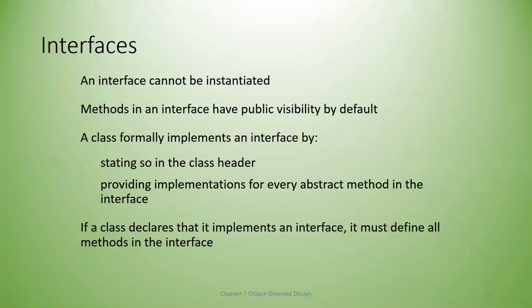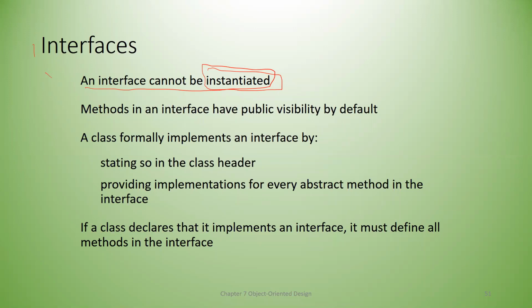An interface cannot be instantiated. What does that mean, everybody? Do you remember what instantiate means? It means you cannot create an object from an interface. Instantiate means create an object, an instance.